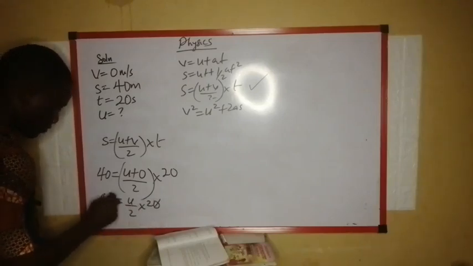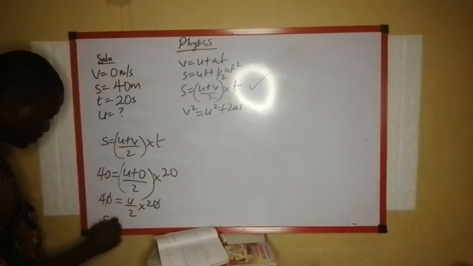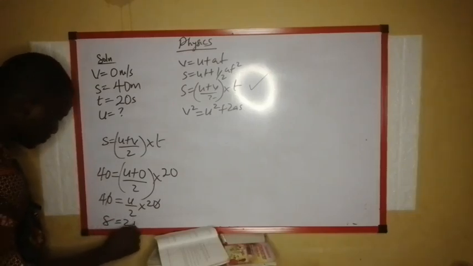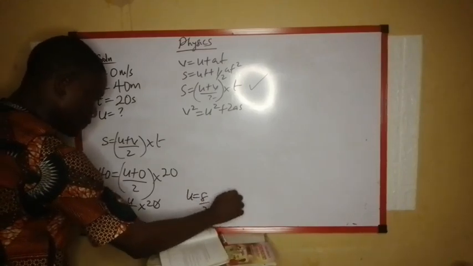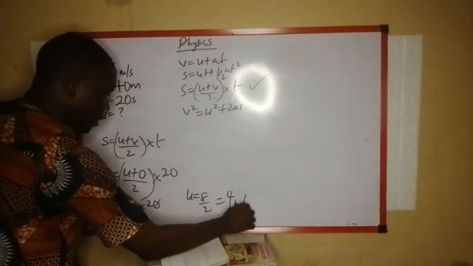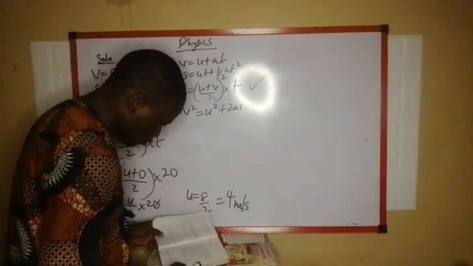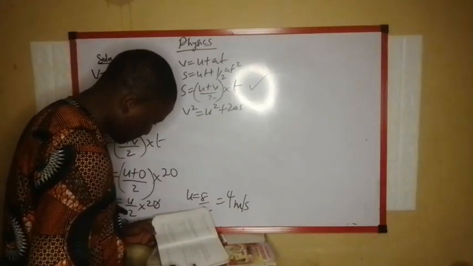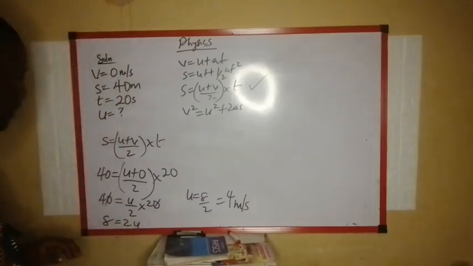So 2 times 40 is 80, equal to 20u, meaning that u is equal to 80 over 20, which is 4 meter per second. So we've been able to get u to be 4 meter per second.